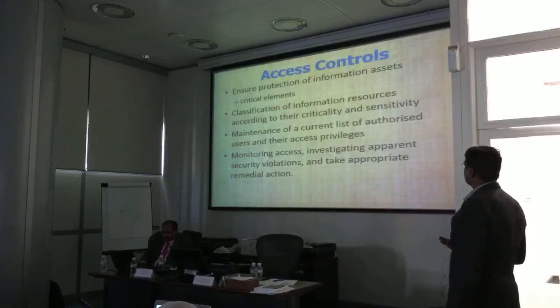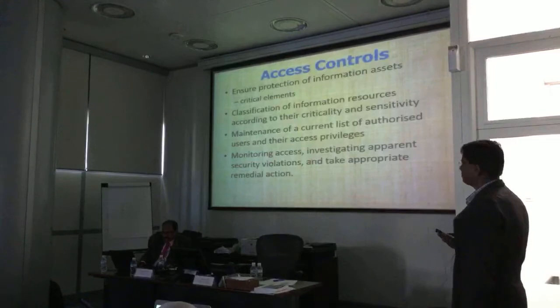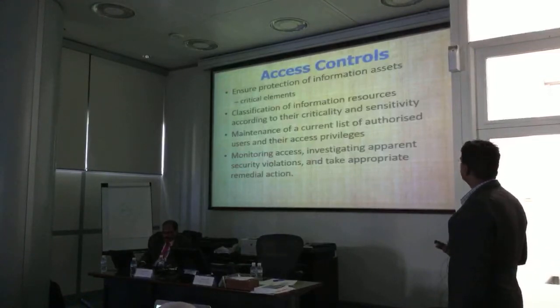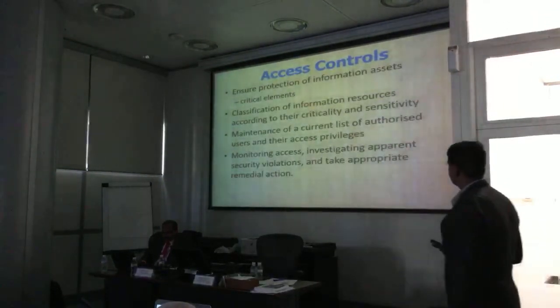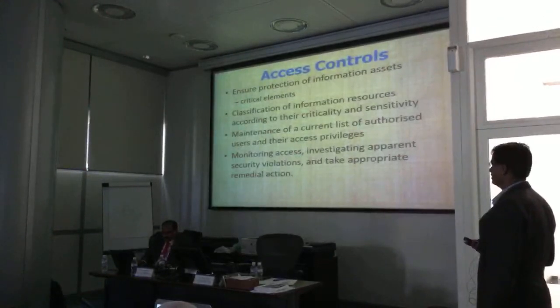Access control. We are discussing two types of access control: physical access and logical access control. The purpose is protection of information assets. For proper access control, there should be maintenance of a list of authorized users and their access privileges.